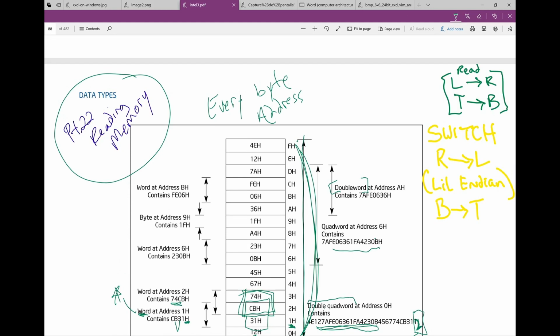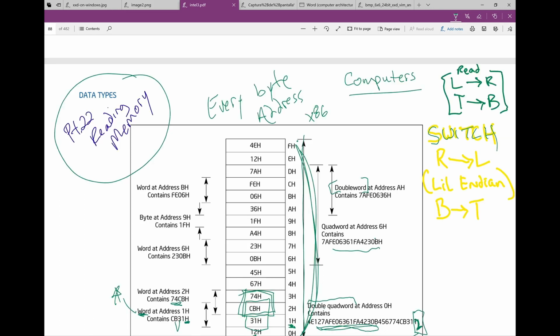So normally we read from left to right and top to bottom in our textbooks, but computers or math work in the opposite way. So that's kind of easy to remember as well, or at least x86 architecture by Intel does. So in your mind, just don't forget about this whole need to switch everything up.